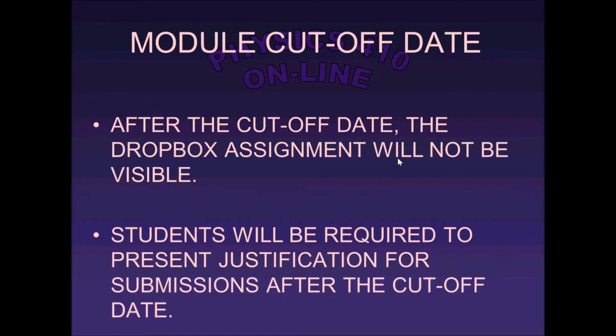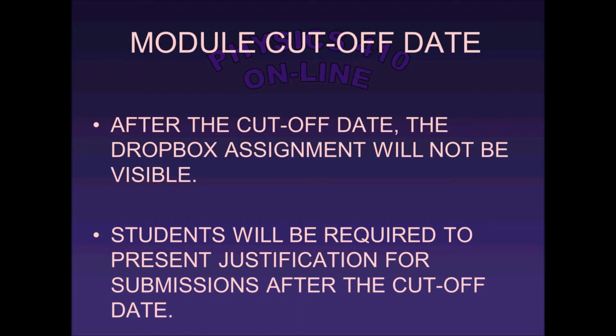Now, what happens on the cutoff date is you'll no longer be able to see the activity in Dropbox, okay? I can still give somebody credit for an assignment, but it has to be an extreme situation. If you have an ongoing illness or you have a tragedy or something like that that's really wiped you out.